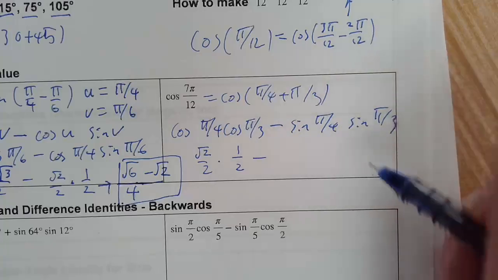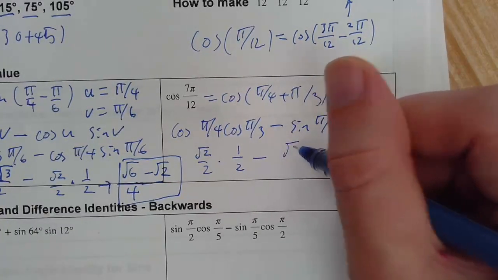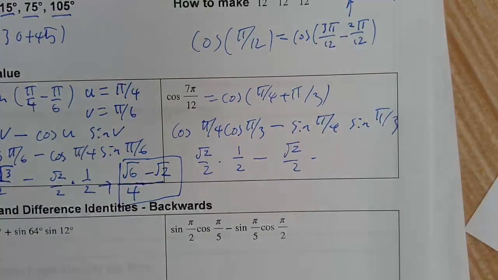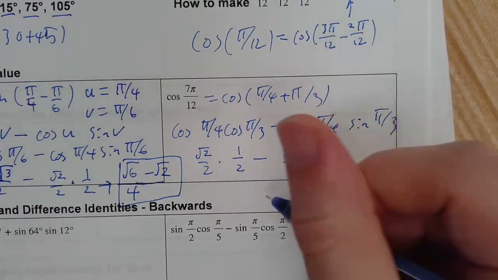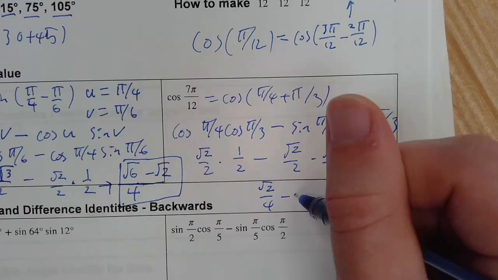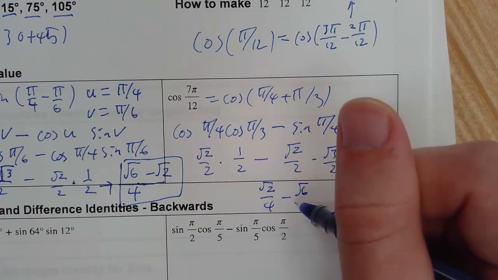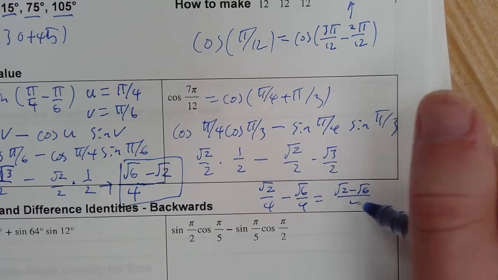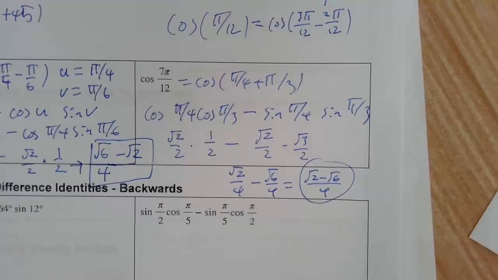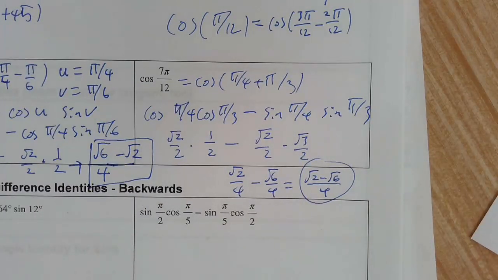Sine pi over 4 is root 2 over 2, sine pi over 3 is root 3 over 2. We multiply, we get root 2 over 4 minus root 6 over 4. That's just root 2 minus root 6 over 4. Okay? How was that? Good?